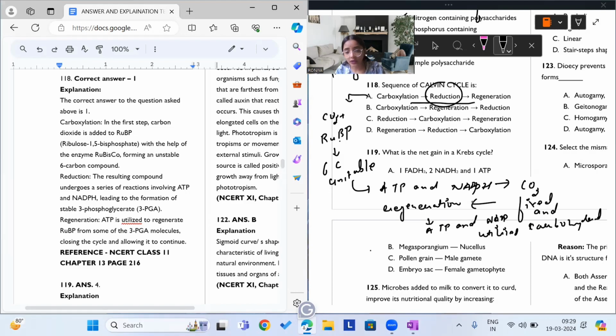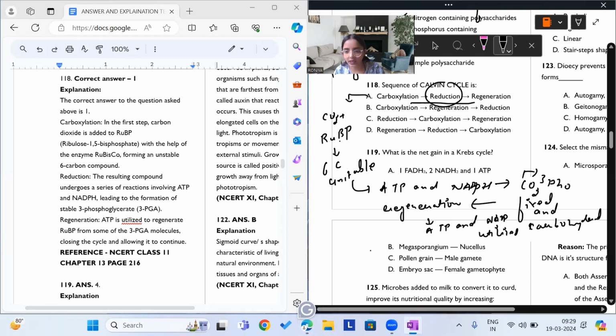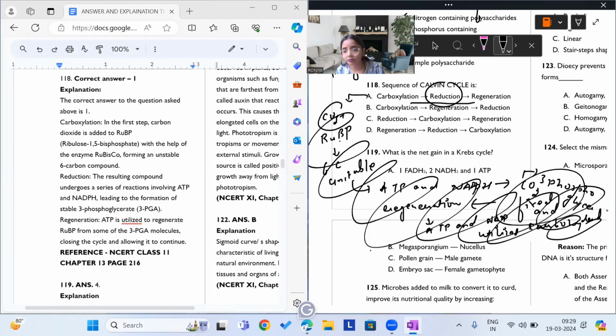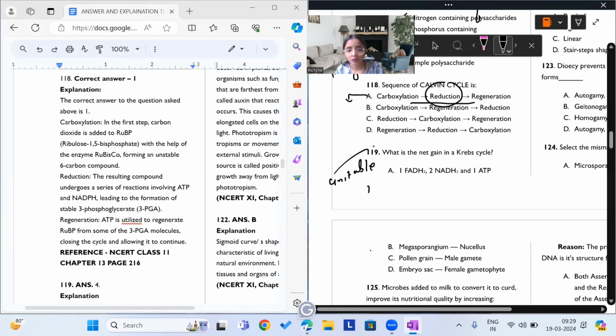Okay. So yes, I was telling you after reduction, what is formed? After reduction, there is a formation of 3-phosphoglycerate, 3-PGA. Okay, I hope you understood.